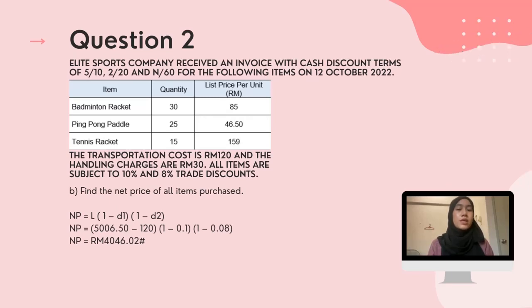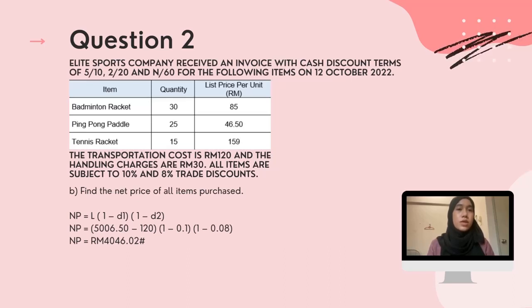The question wants the net price of all items purchased, so you have to calculate the list price in the table first to find the answer. The formula we will use in this question is NP equal to L, list price, bracket 1 minus D1 and another bracket 1 minus D2.